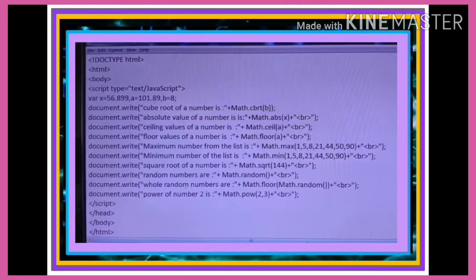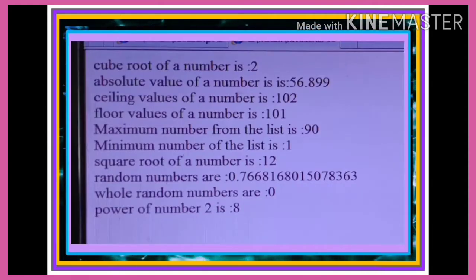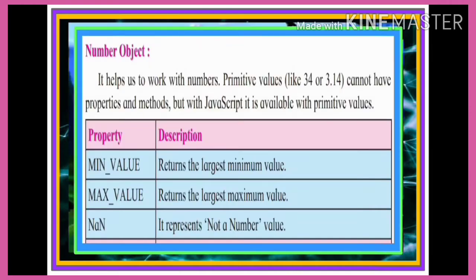Also, we have discussed the methods of the Math object with one example and the output of that example. Now we are going to start our next important object, the Number object.